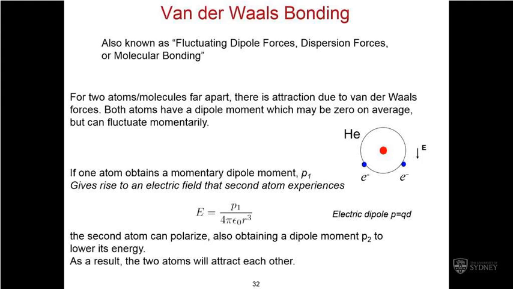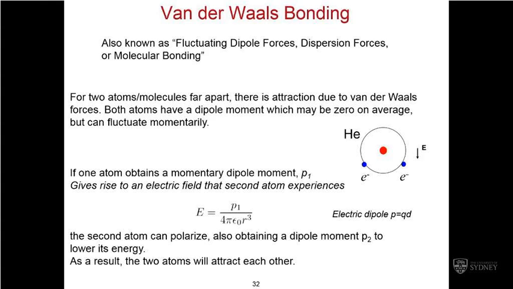It can also be called fluctuating dipole forces, or dispersion forces, or sometimes, which I haven't actually heard of, molecular bonding. Maybe that's used in chemistry. But what is the point? The point is that any kind of atoms will exhibit some kind of van der Waals interaction between them.